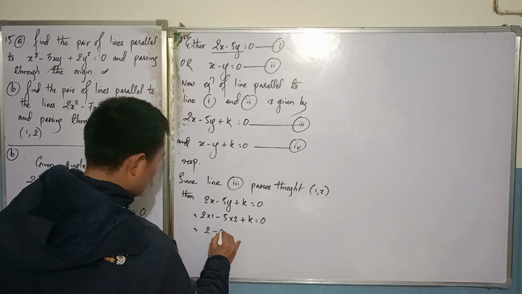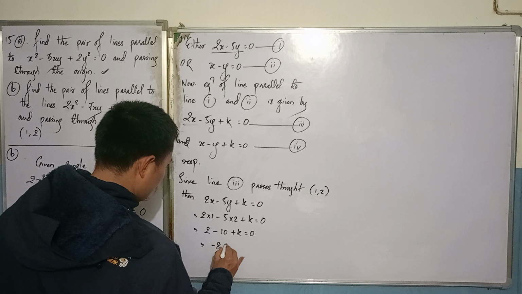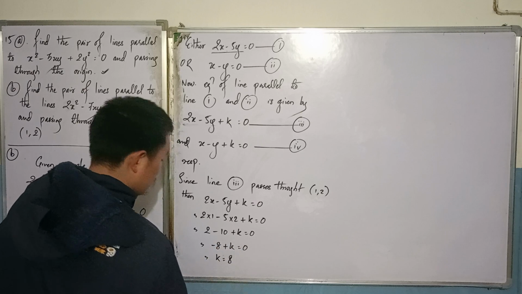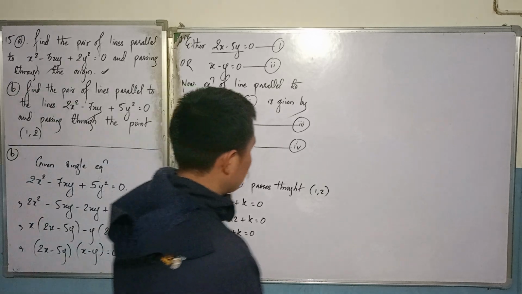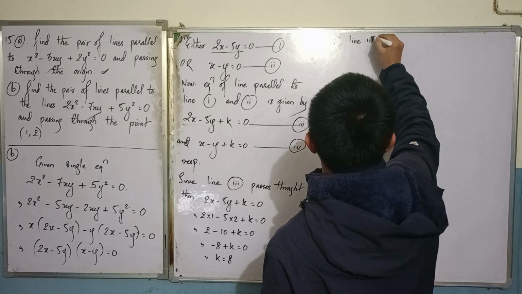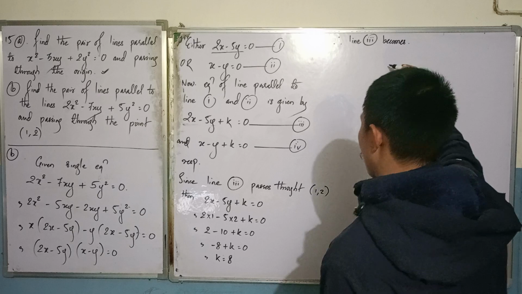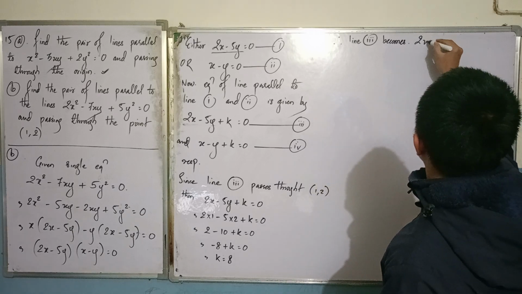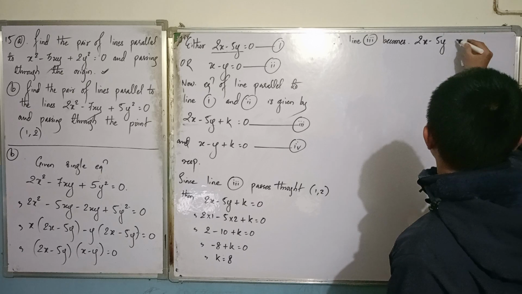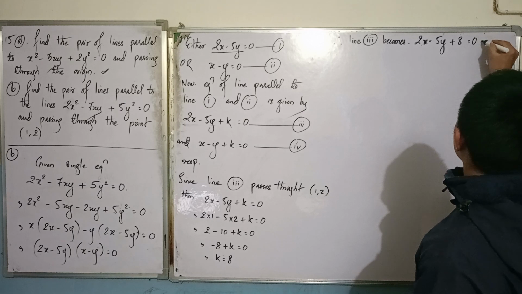So 2 minus 10 plus k equals 0, and then negative 8 plus k equals 0, or k equals 8. Therefore, line III becomes 2x minus 5y, and replacing the value of k by 8, plus 8 equals 0.